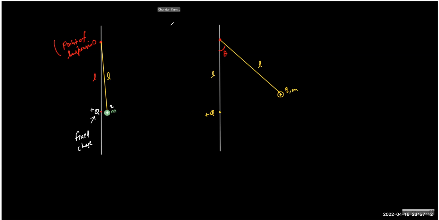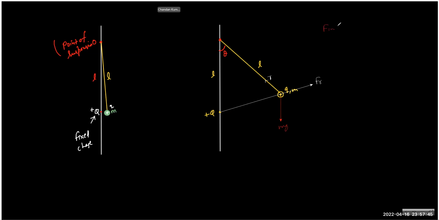Because of the repulsion between the two charges, what will happen? It will tend to go away. So it will push like this, tension will act like this, and gravity will act like this, right?